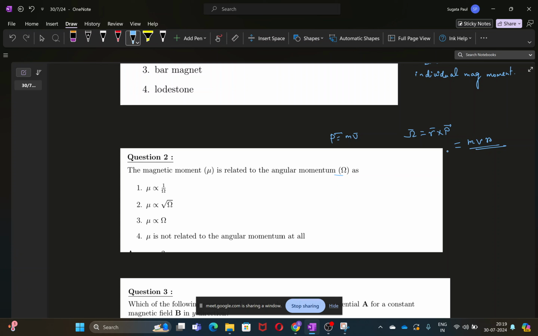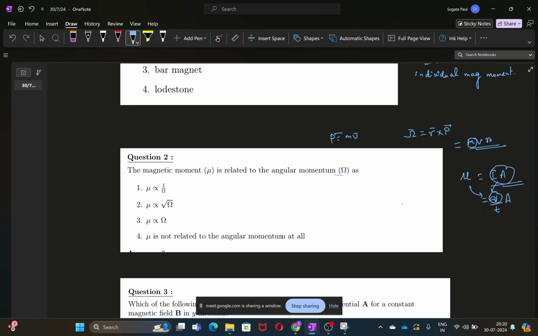So your angular momentum corresponds to the mass of the element, whereas your magnetic moment mu is the current flowing through a loop times the loop area. Current means charge by time, q by t, let's say, times area. So here it is directly related to an electric property, the charge, and the angular momentum is related to a mass property, the mass of the material. So how can these two be related?